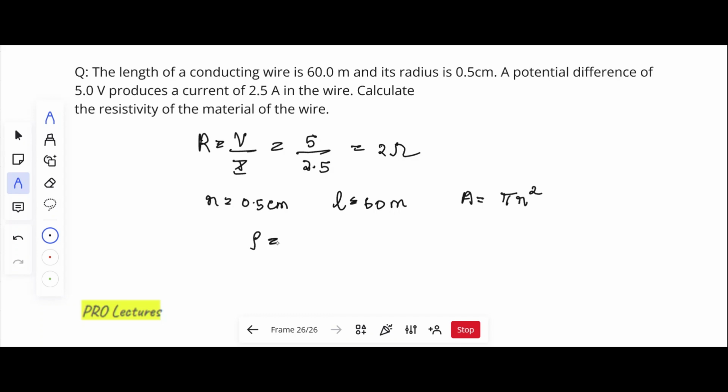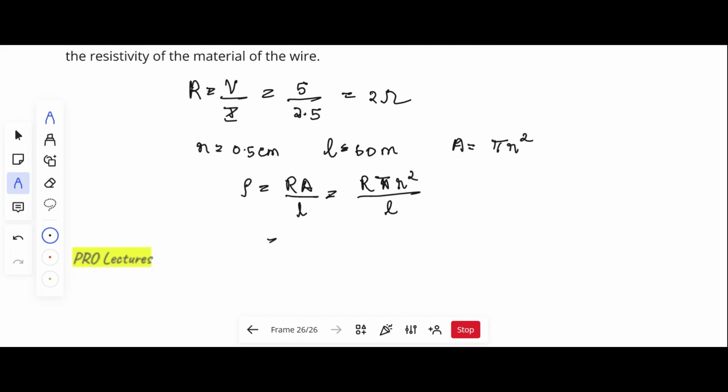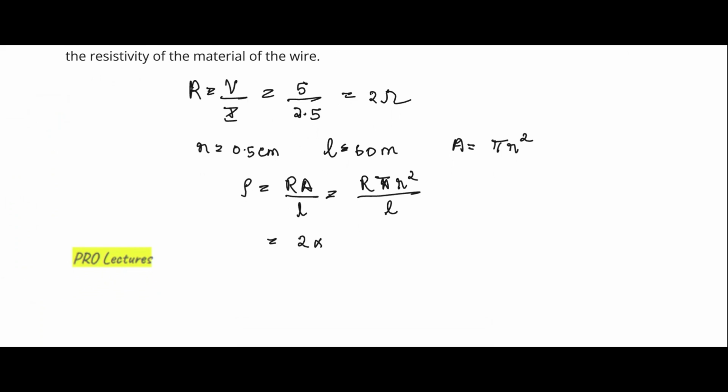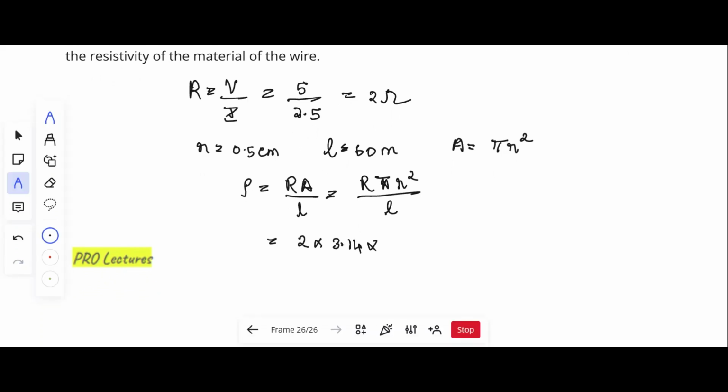Now the resistivity rho is equal to RA by L, which is equal to R into pi r square by L. Substituting the values, 2 into 3.14 into 5 into 10 to the power minus 3, squared, divided by 60.